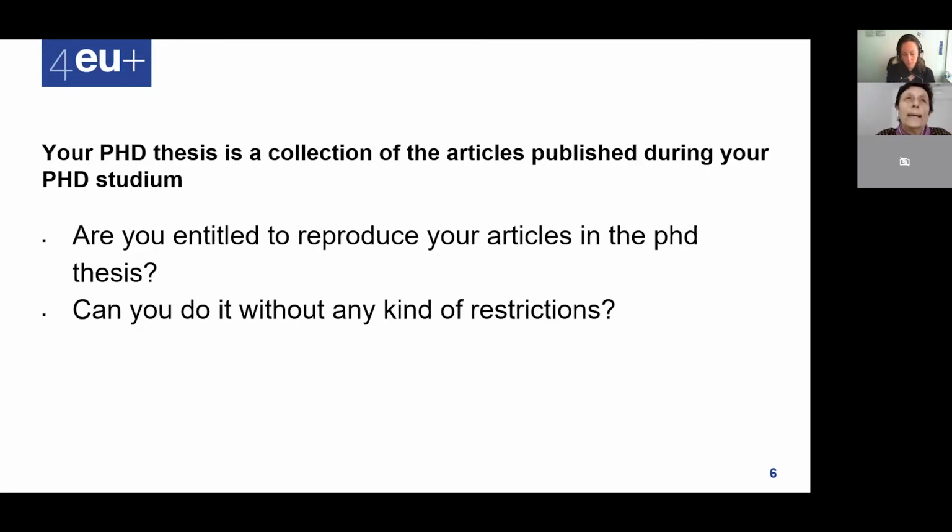Do you know where you can find the rules of the publisher about open access or about reproduction of articles? Do you know which is the source of this information? You can find this information in the Sherpa Romeo database, or you can find this information in the website of the publisher, okay?